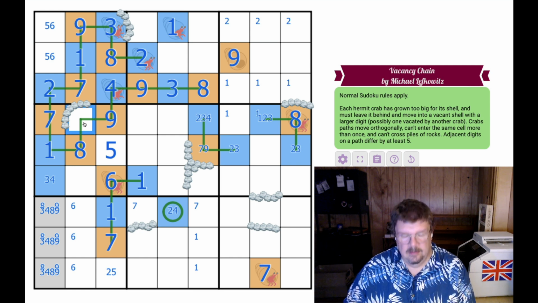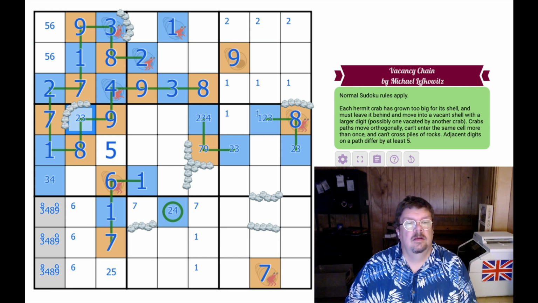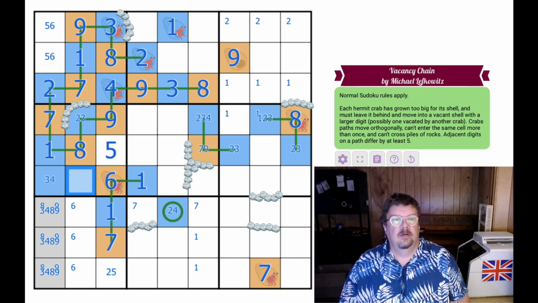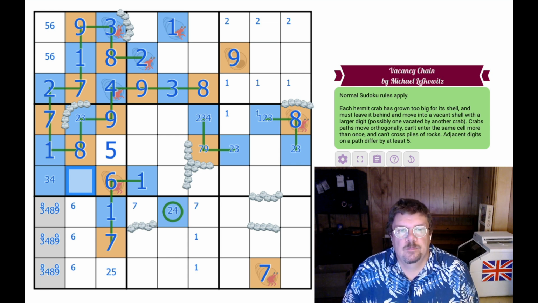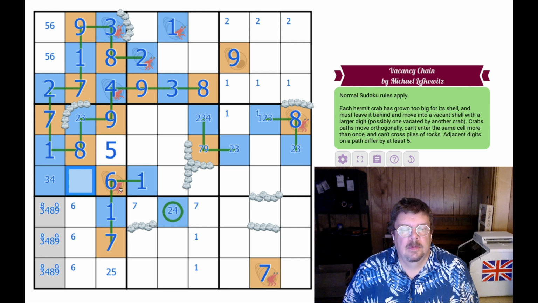And that is a 2 or a 3. And this is going to be another low digit. It's not on the path. All right. Path is making progress. So we've got to come down here somewhere.